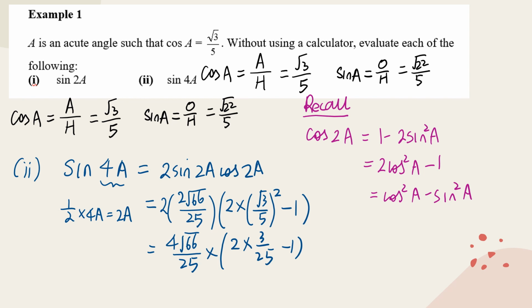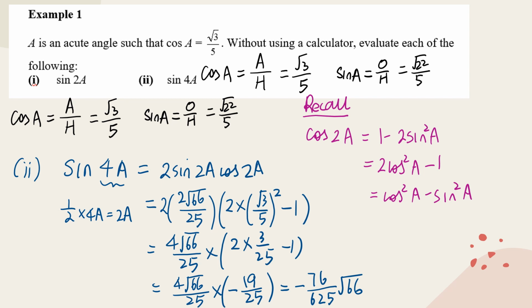Then, of course, you can use a calculator to work out this part here, which will give you negative 19 over 25. And then, of course, you can use a calculator to multiply 4 times negative 19.